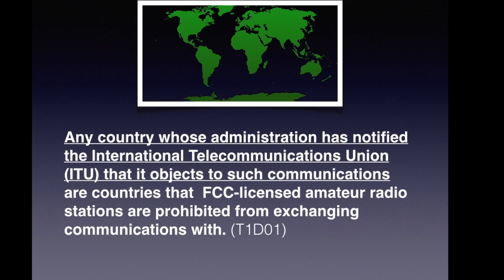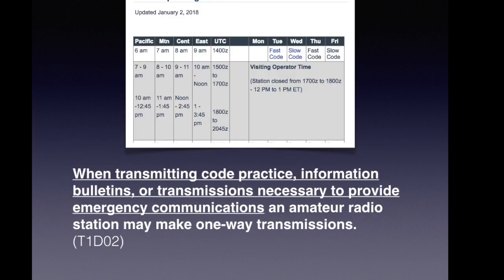I believe at this time there are no countries that are on record as objecting, not even Iran or North Korea. However, in North Korea, amateur radio stations are prohibited for the people who live there, so your chances are you're not going to be talking to them. But if you do, that's perfectly legal.